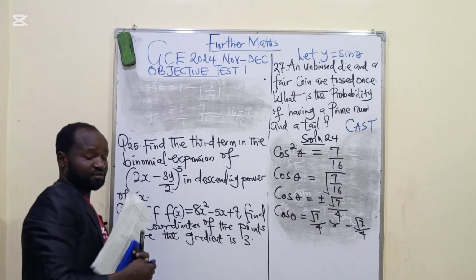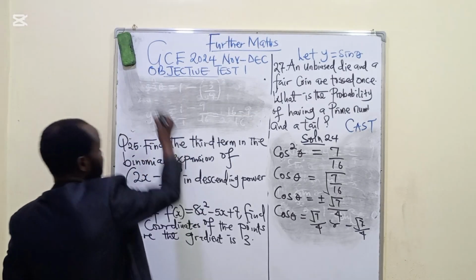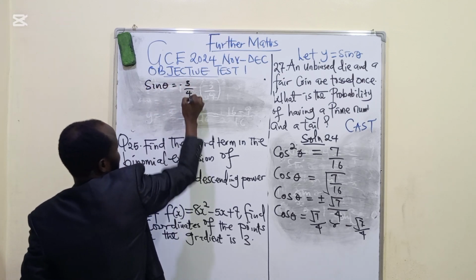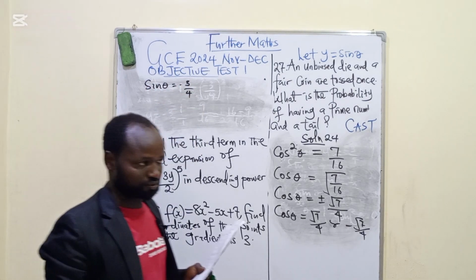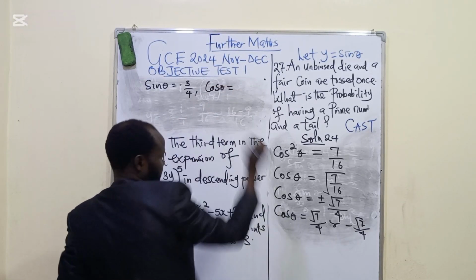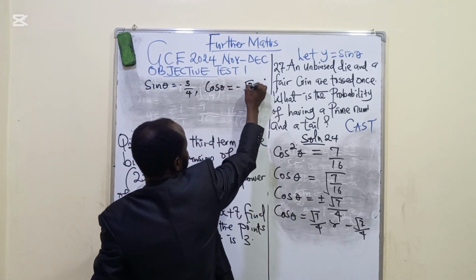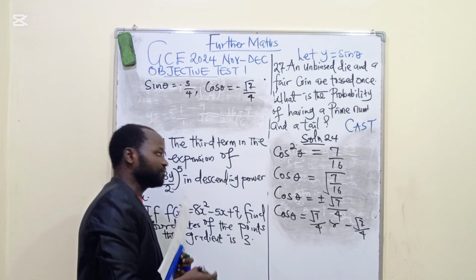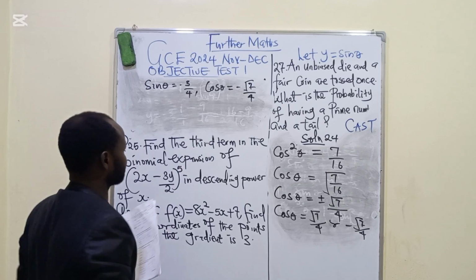Okay, so we move here. We are asked to find the value of tan theta. As I said, our sin theta now is minus 3 divided by 4. Why? Because sine is negative in the third quadrant. Then cos theta, we'll pick the negative, which is minus root 7 divided by 4, because cos is negative in the third quadrant. Very important.